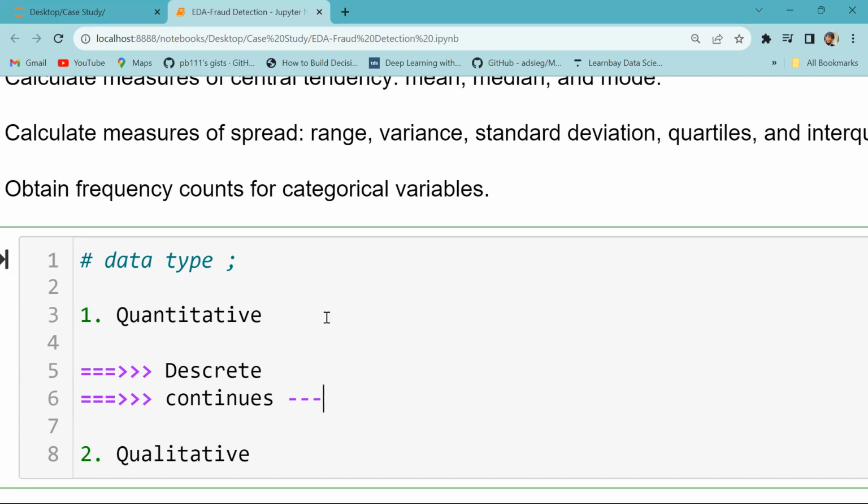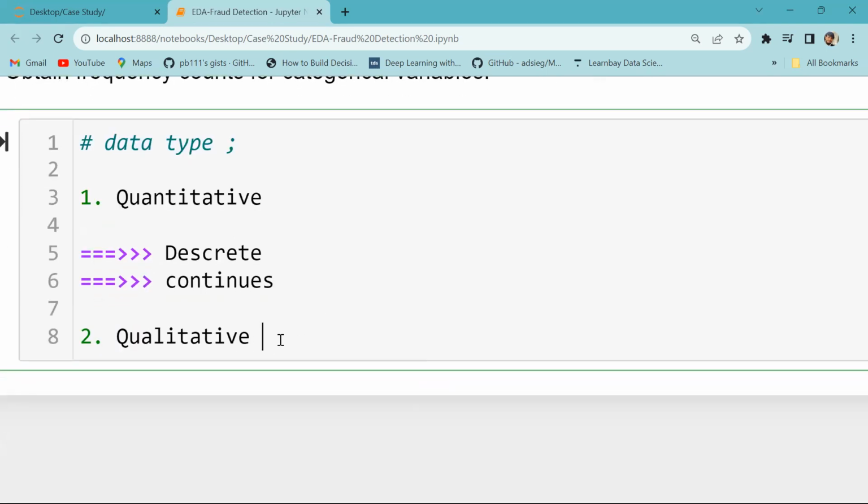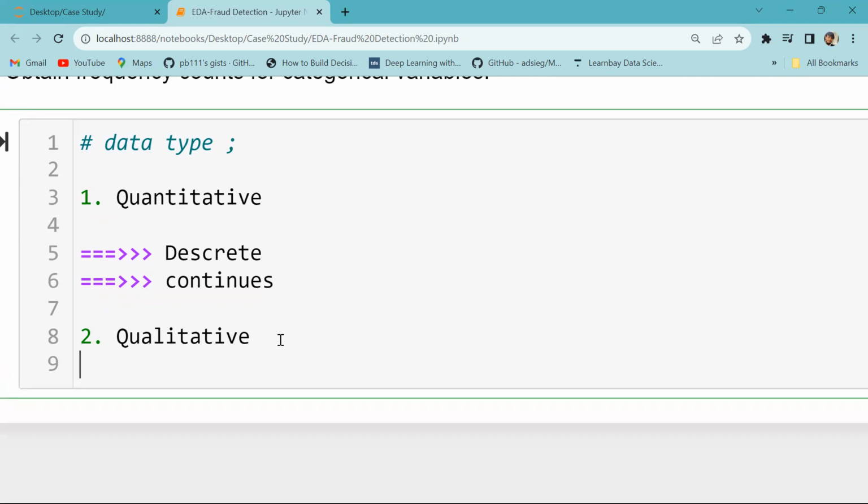It's a fraction of a fraction, so between two numbers there can be an infinite number of values. We call it continuous data. These two are numbers, whether discrete or continuous, and generally we call them quantitative. The second type of data is qualitative.